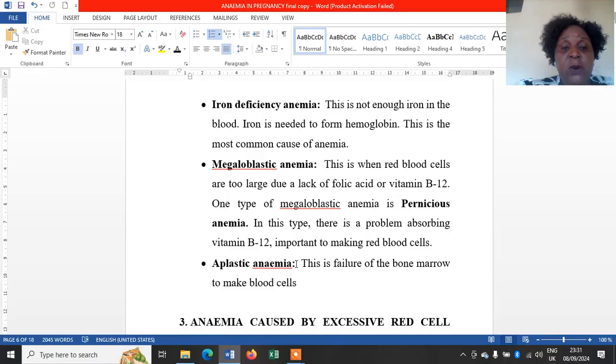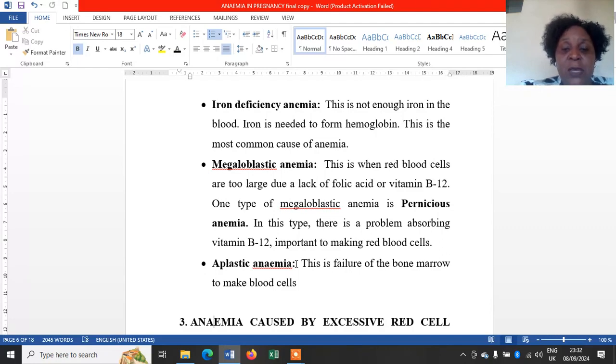Then we can also have megaloblastic anemia. This is when the red blood cell is too large due to lack of folic acid or vitamin B12. Previously, we talked of folate deficiency anemia and vitamin B12 anemia. These two anemias will be called megaloblastic.